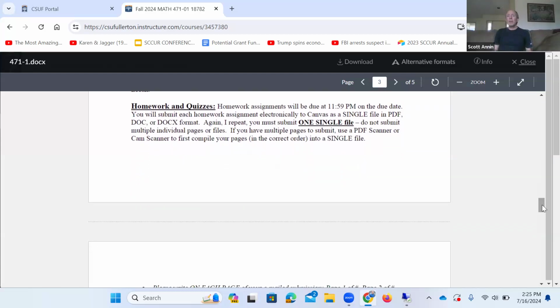Homework: we will have about a dozen, maybe 13 homework assignments for the whole semester, approximately one per week. Occasionally, if I want to really try to keep people on task, I might have you do 2 things in 1 week, but usually it'll be 1 assignment a week.